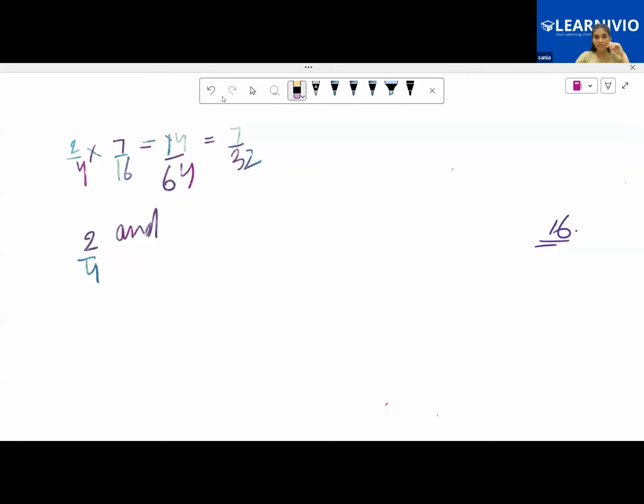You will get 7 by 32. Yes, okay, good. So please, can you compare 2 by 4 and 7 by 32? 2 by 4 was the first fraction.